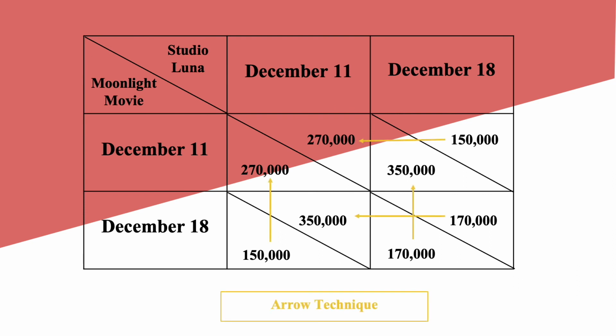Given that Studio Luna chooses to release on December 18th, Moonlight Movies gains 350,000 if releasing on December 11th, and 170,000 if releasing on December 18th. So we use an arrow to point from 170,000 to 350,000. Now we see this section with the two arrows pointing together, so the Nash equilibrium is still the same as in the data from part A.